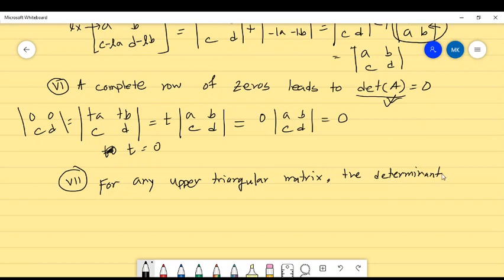the determinant is the product of the diagonal elements. Okay.